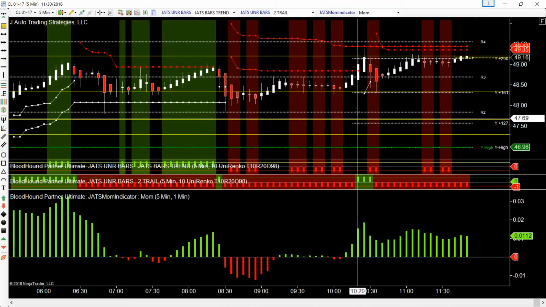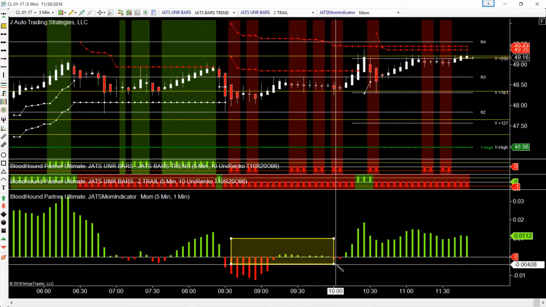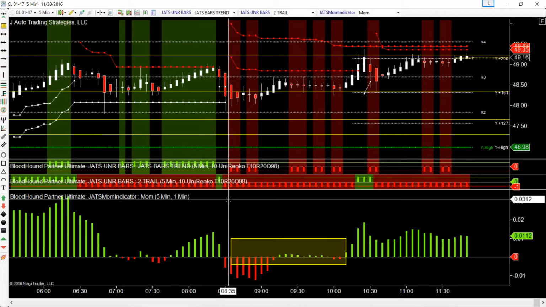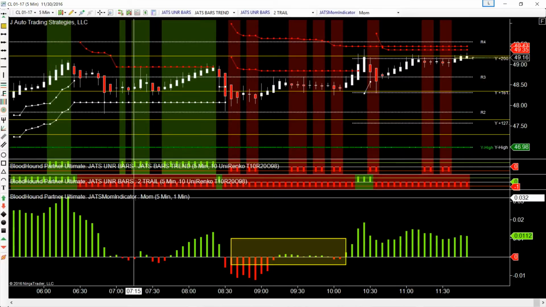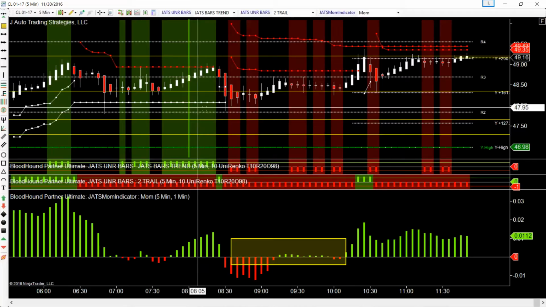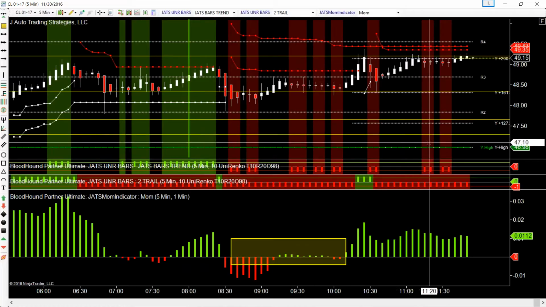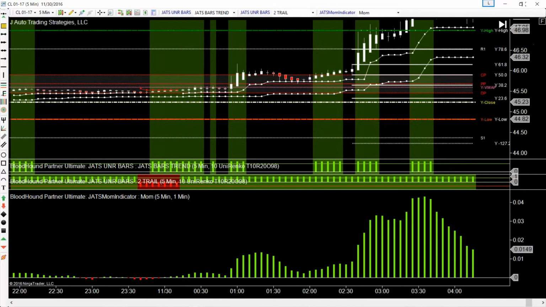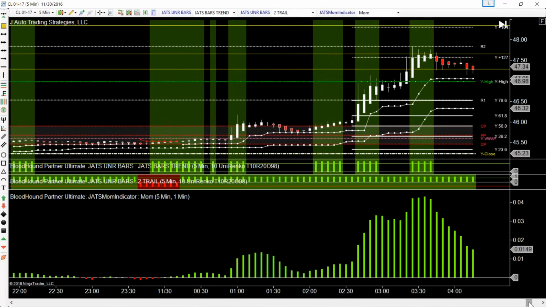But right here, you notice that we had no momentum in the market, flat to non-existent. And unfortunately, this was in the middle of our RTH session. RTH session started here, at 8 o'clock, and it was just a nightmare because we didn't have this nice, beautiful trend condition that the Globex market enjoyed.